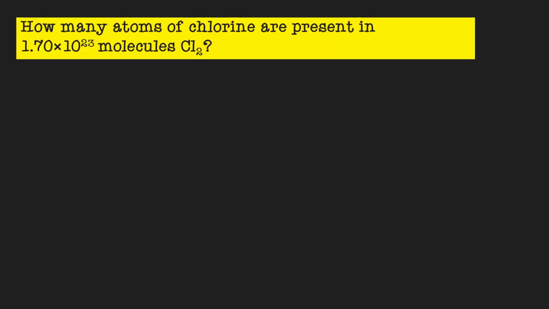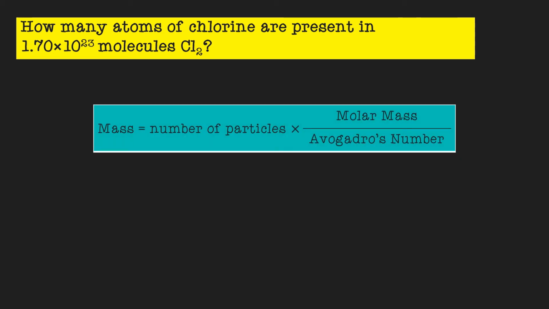Let us try another example. How many atoms of chlorine are present in 1.70 times 10 raised to 23 molecules of chlorine? To find the mass, use the formula mass is equal to the number of particles times the molar mass of the substance divided by Avogadro's number.